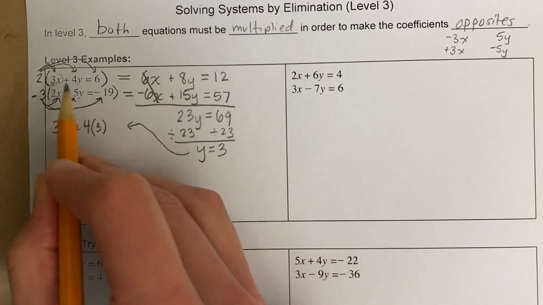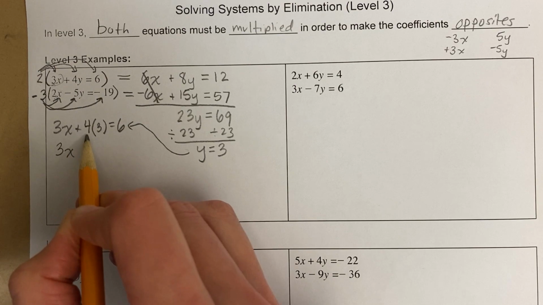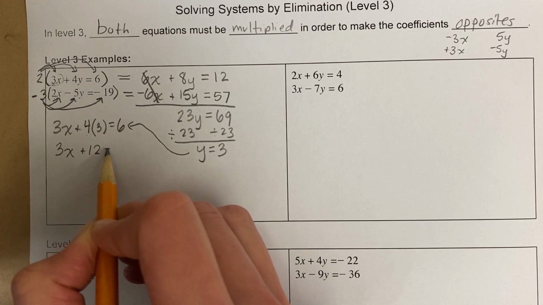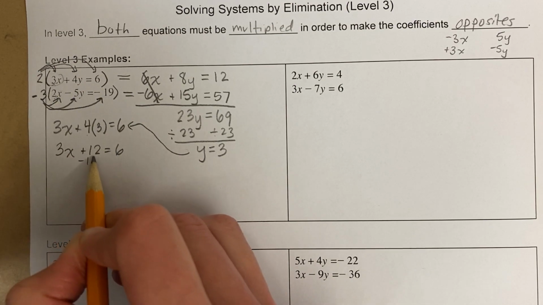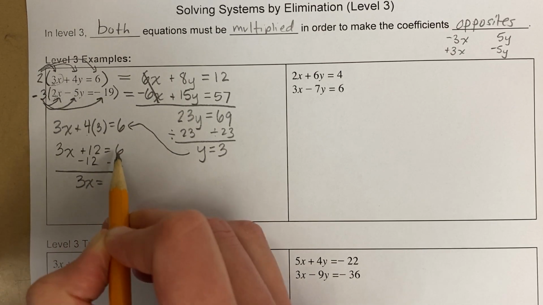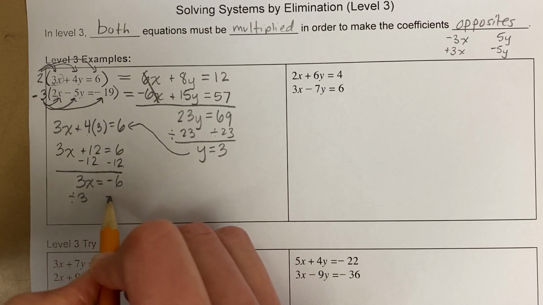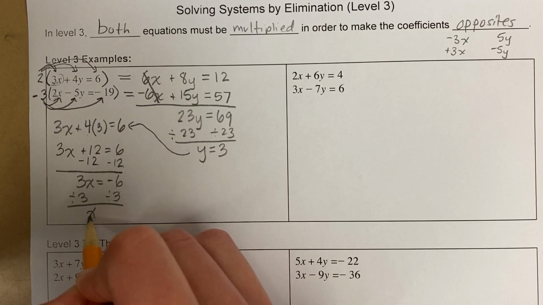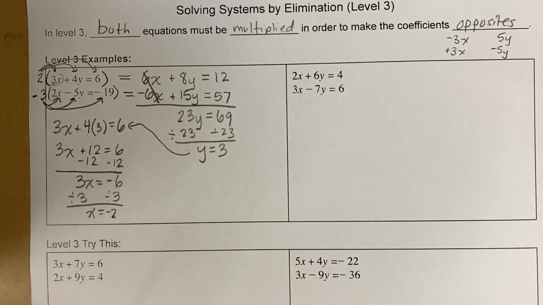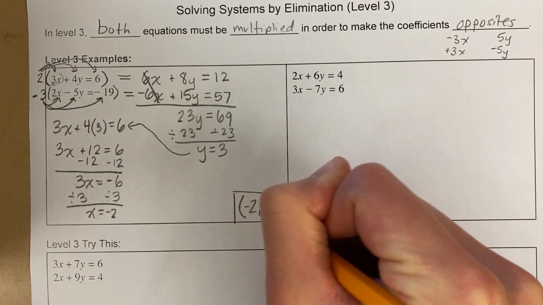I'm plugging in for y. 4 times 3 is 12. Okay, I'm going to subtract 12 from both sides. 6 minus 12 is negative 6. And when I divide by 3, I get negative 2. Okay, so my answer is negative 2 comma 3.